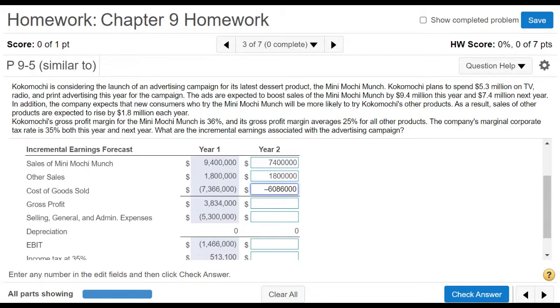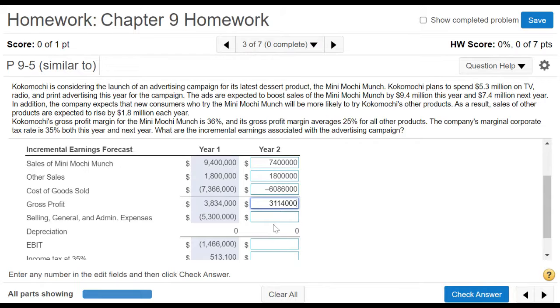Now, what's the gross profit here? You're going to subtract this from these numbers. So 6,086,000, you're going to subtract from 1.8 and 7.4. How much is that? 3,114,000.